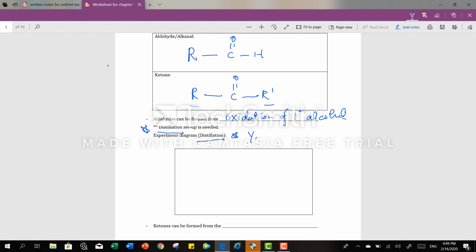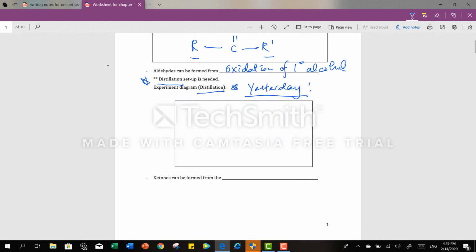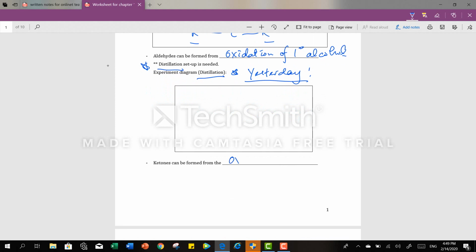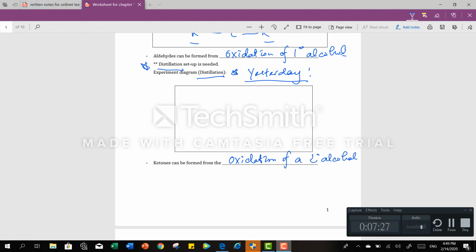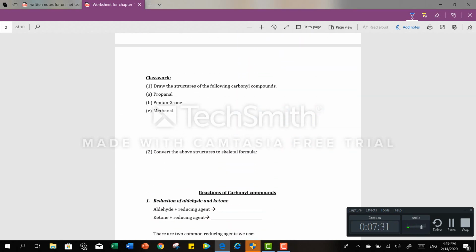Distillation, I already drew this diagram for you yesterday, so try to refer to the previous video. Ketone can be formed by the oxidation of a secondary alcohol. Then this is what we have done yesterday. We can check the answer together.